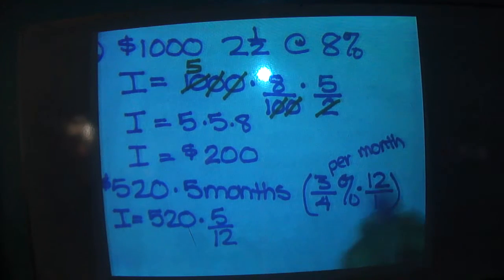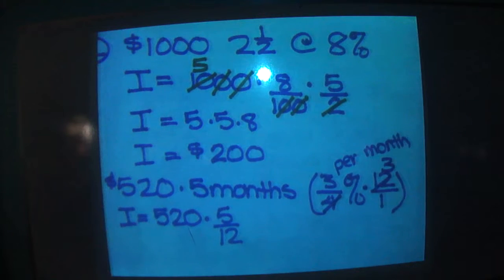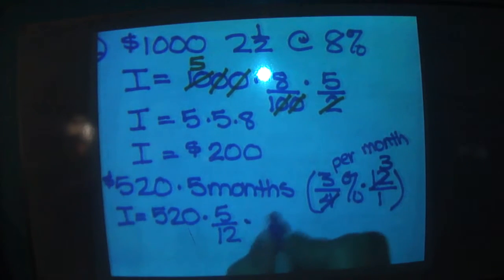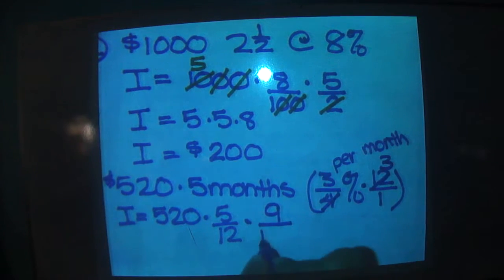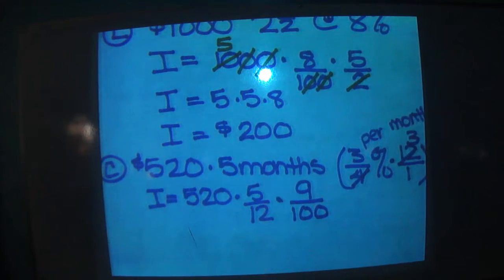So, can you simplify this? How many 4s in 12? 3. 3 times 3? 9%. Everybody see how that came about? 3/4 per month. Your percentage is always in terms of a year. Your term is always in terms of a year. Can we simplify?